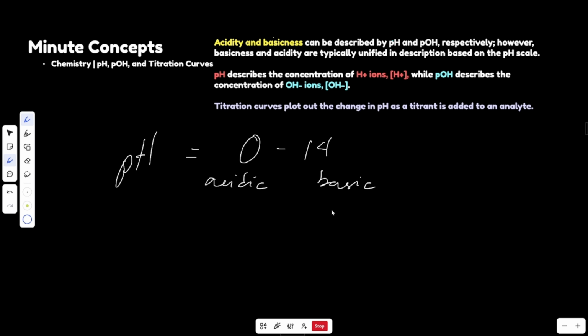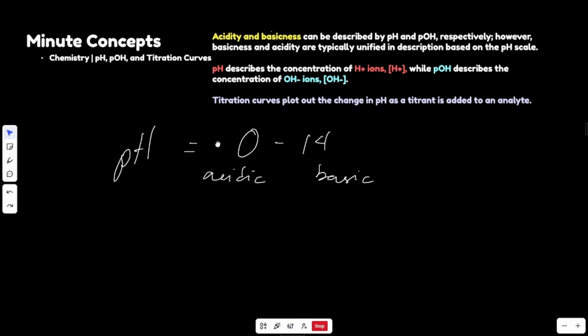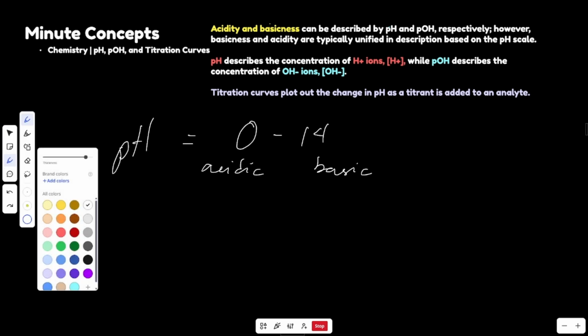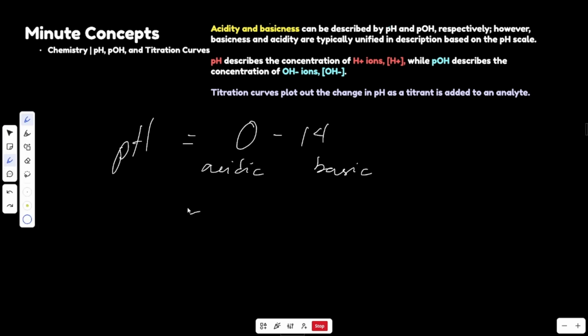Now, on the other hand, if we're more acidic, then that means we have more acid in our solution, right? It's that simple. Now, how do we know if there's going to be an imbalance or not? Well, that's if it's any number that isn't 7, right? So if the pH is less than 7, we are acidic.